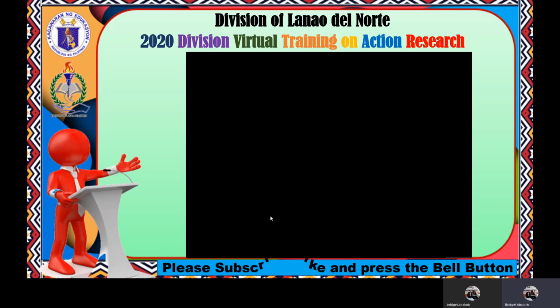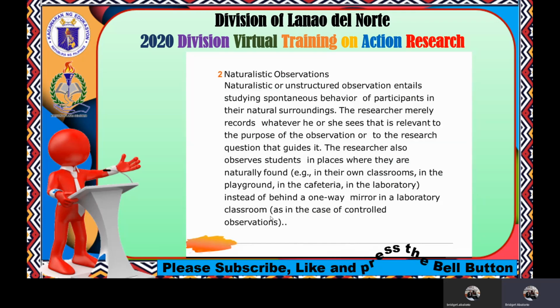Despite these advantages, naturalistic observations have few limitations. Few ra siya, so mas nindot siya kay naa siyay strengths, pero few iyang limitations. One is the fact that these observations are often conducted on a small level, such as one or few classrooms in the researcher's school. So, limited lang ang imong respondents.